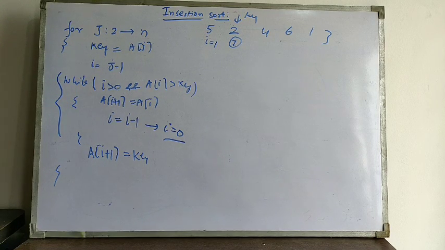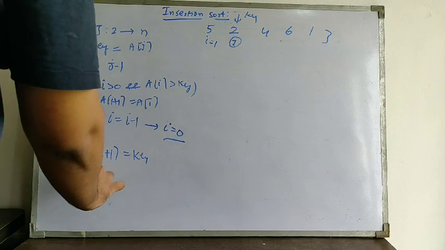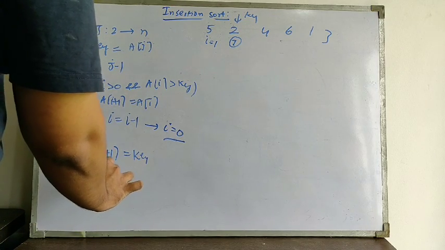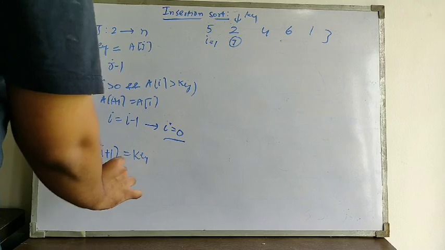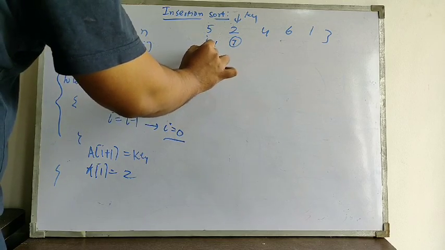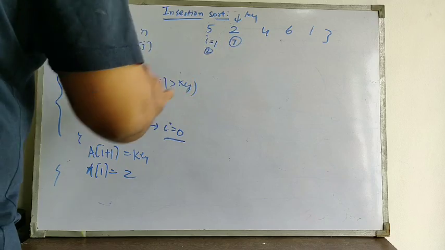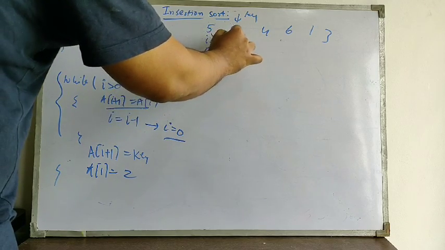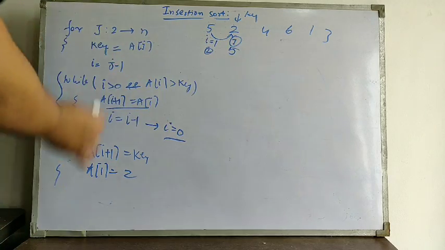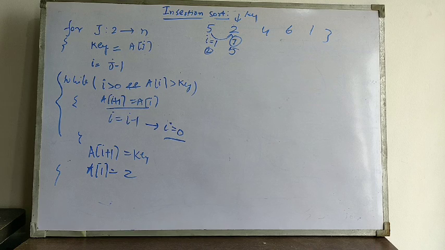Once it's out of the loop, A[i+1], that is A[1], equals key, which is 2. So I will place 2 here, and this is what this statement is doing. This statement is making this 5. So this is the exact pseudocode for insertion sort.